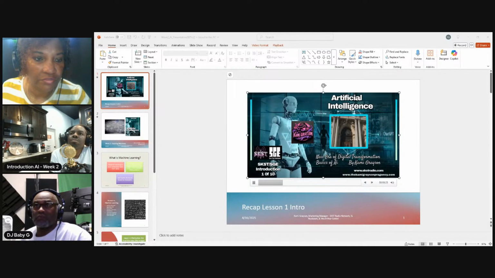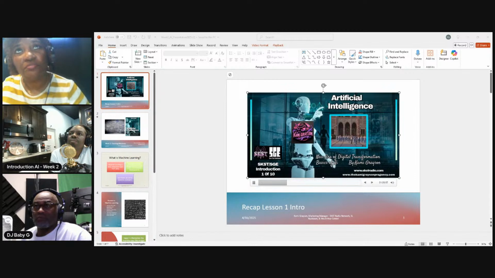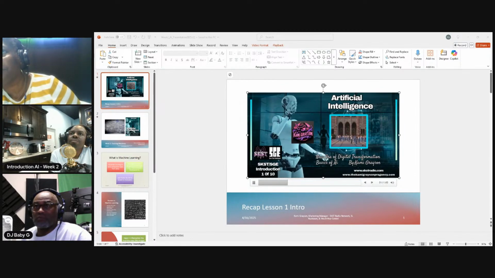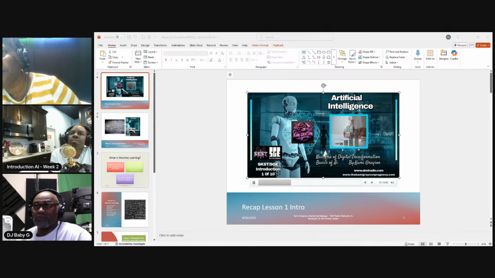AI has been around for quite some time. In fact, the concept can be traced back to ancient myths about intelligent beings. But the formal field of AI research began in 1956 at the Dartmouth Conference. Yes, that's nearly 70 years ago. One of the key figures in AI's early days was Alan Turing, a British mathematician.